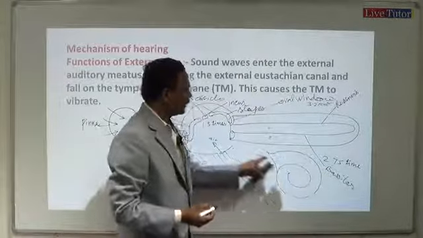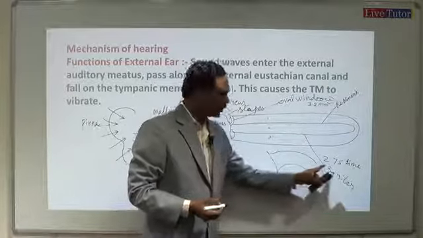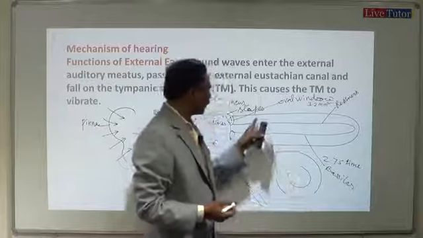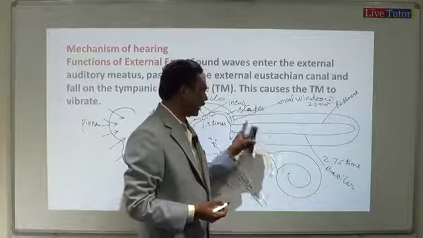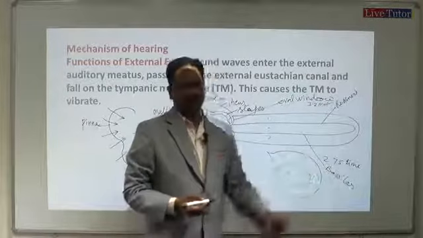So the cochlea is a coiled apple snail-like structure, coiled about 2.75 times, and it is divided into 3 canals by 2 membranes. What are they? Reissner's membrane and the basilar membrane.